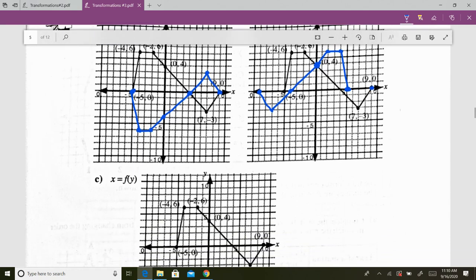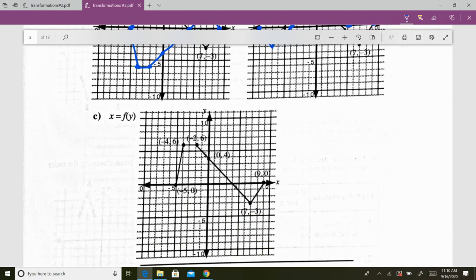You guys want to try the next one? What is that one? That's an inverse, right? X is equal to f of y. So let's get the inverse of that. That's going to be ugly. See if I can do it right.